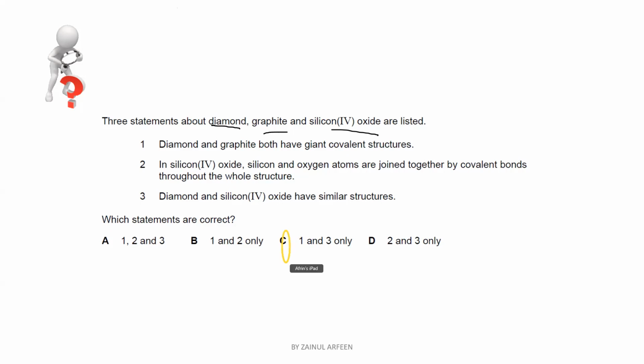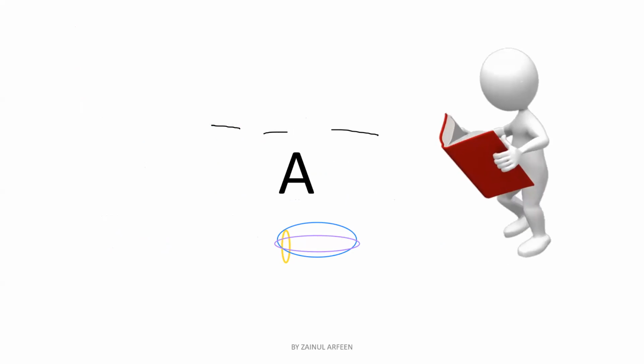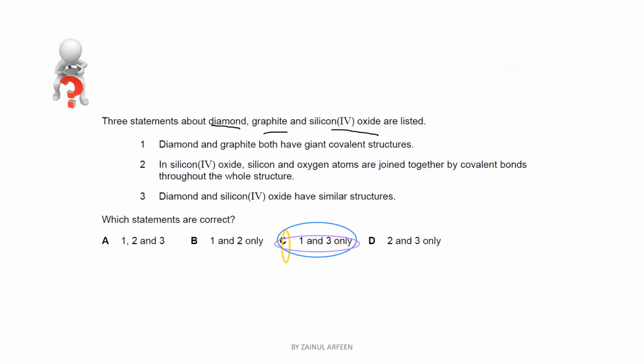A, B, C, or D? You can use screen annotation or you can use the chat to state the answer. So when we check, A is the right answer. Why is A the right answer?